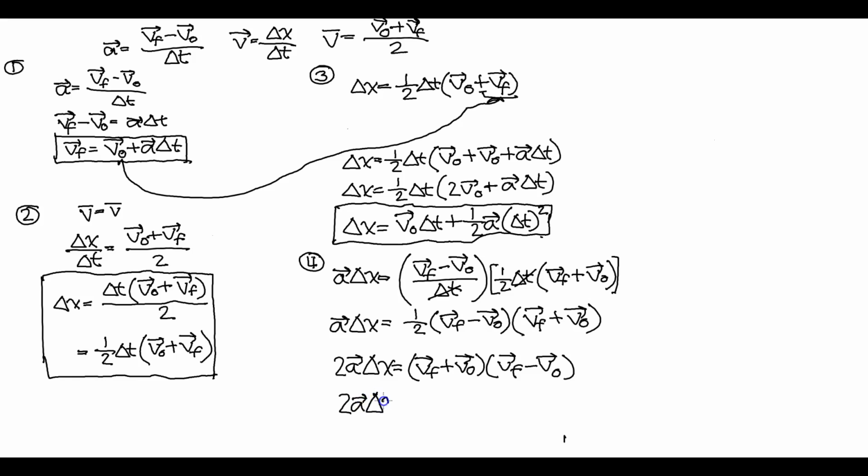It's the difference of two squares: a plus b times a minus b equals a squared minus b squared. So that's vf squared minus vo squared. If we add vo squared to each side, we have vf squared equals vo squared plus 2a delta x. And that is the fourth and final equation.